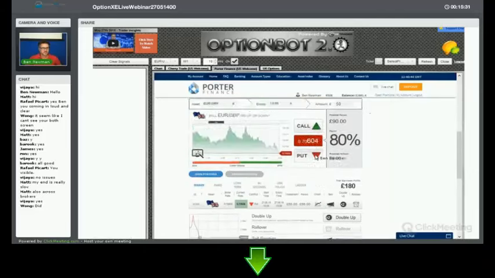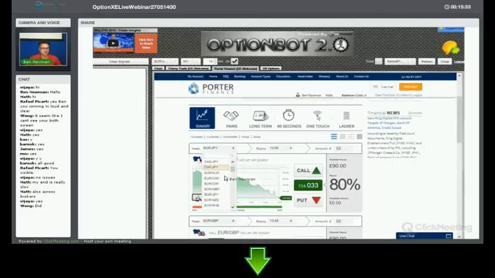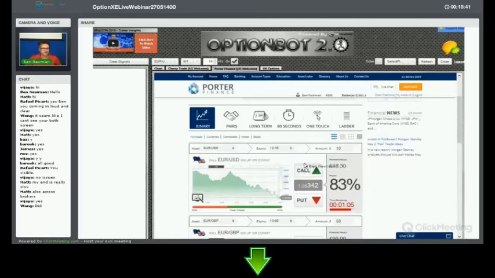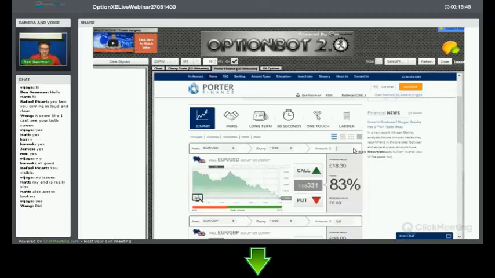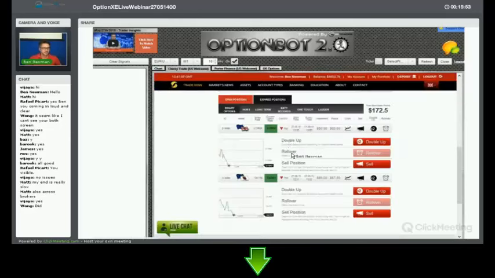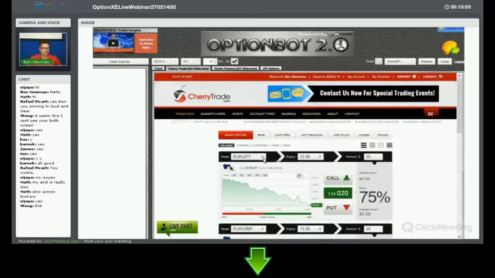Now, I'm very often of the mind, as anyone that watches me regularly knows, that trying to place too many trades can result in disaster, but this euro really does look very weak now, and we look like we've got an established US dollar against it.